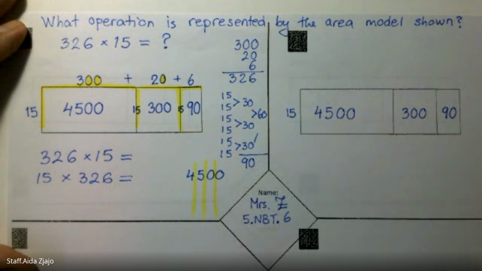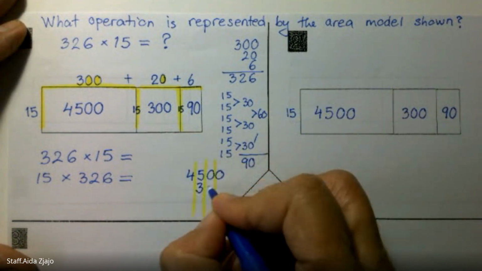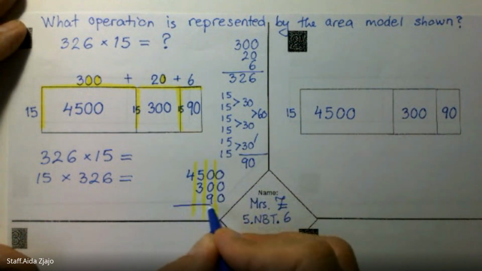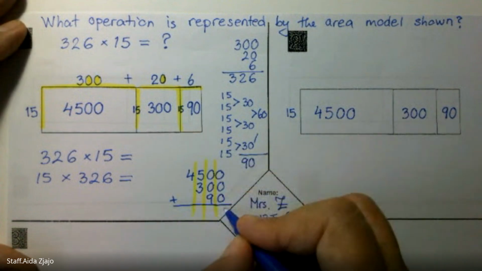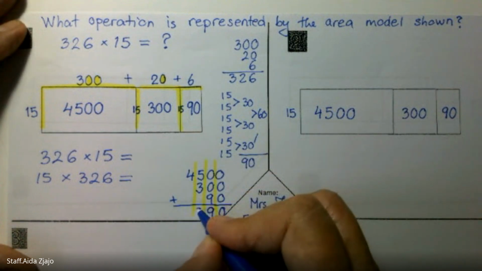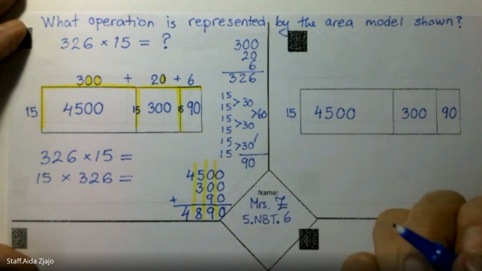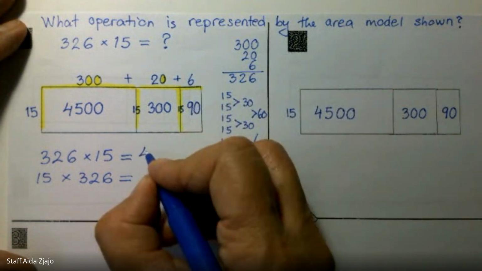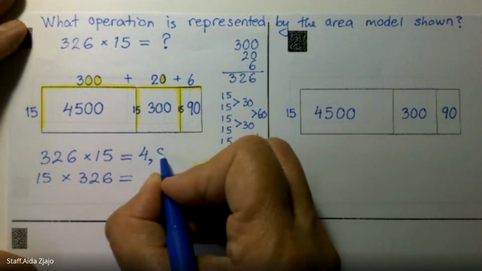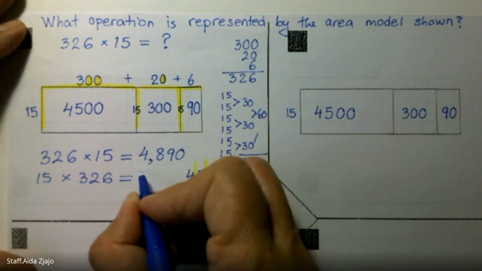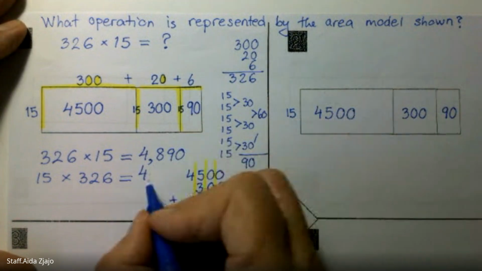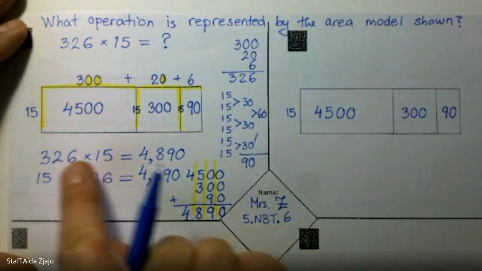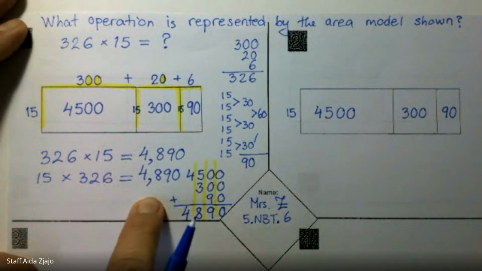And then I'm going to add 390. So underline plus 0.984. 4,890 is the solution to this multiplication problem. 4,890. By the commutative property, you got the same product.